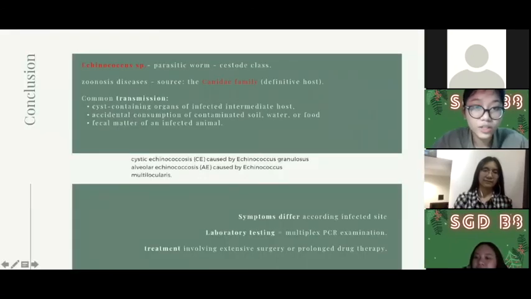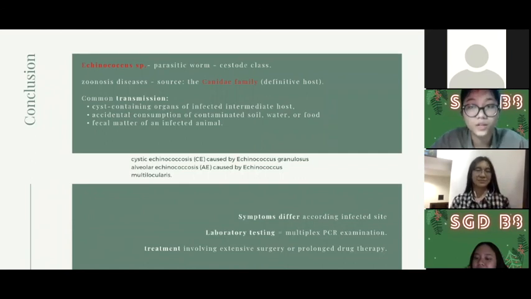For the conclusion of our student project, Echinococcus is a parasitic worm that belongs to the cestode class. This parasite can cause several zoonotic diseases for humans, which originally came from some animals in the Canidae family. The transmission of this parasite usually happens when humans ingest cyst-containing organs, accidentally consume the larval stage of the parasite, and also through close contact with infected animals.